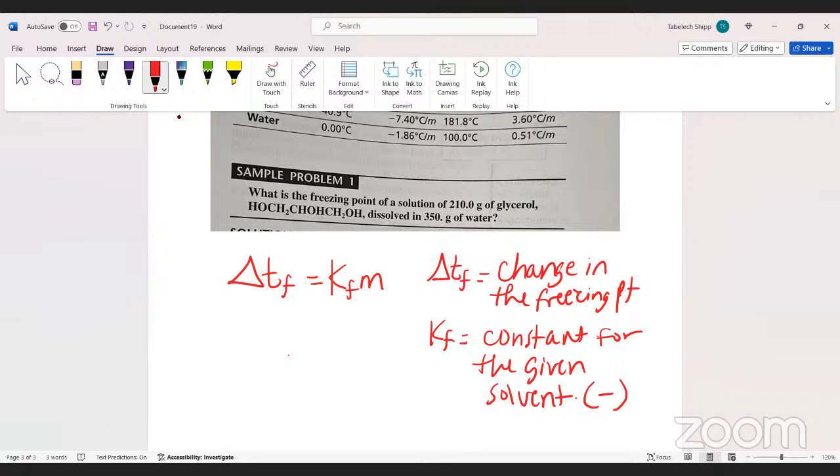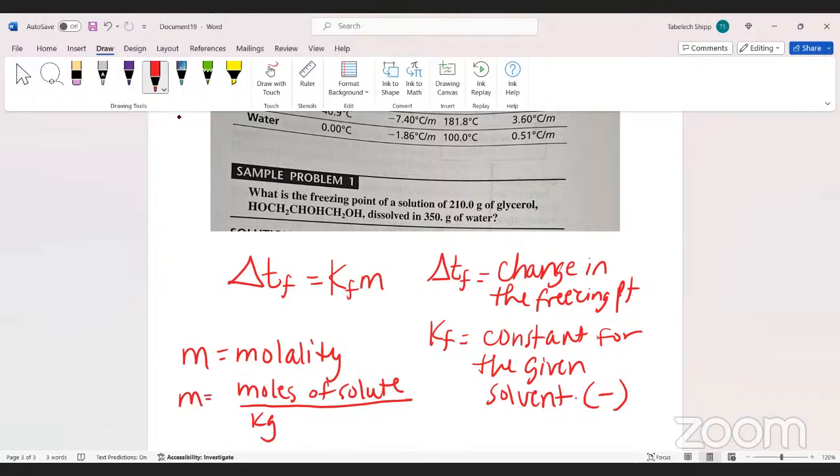So the M is for molality. And again, the molality is equal to the moles of the solute divided by the kilograms of the solvent. So that is the difference between the two right there.